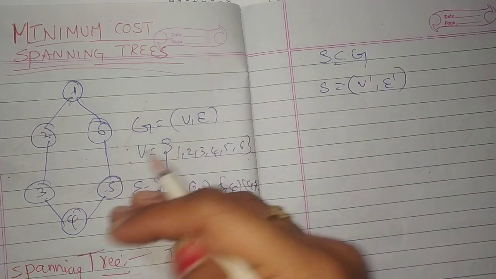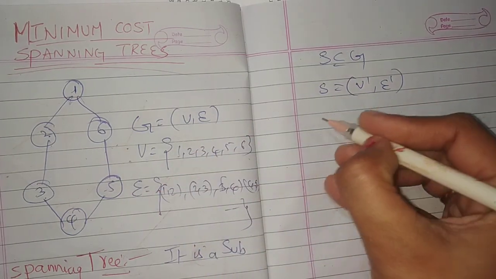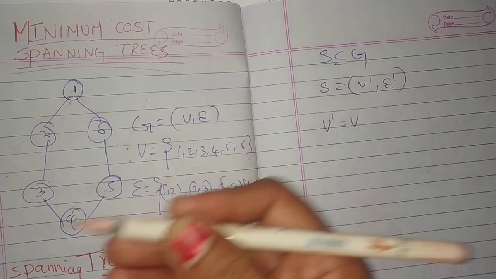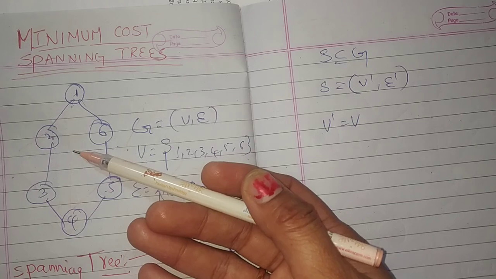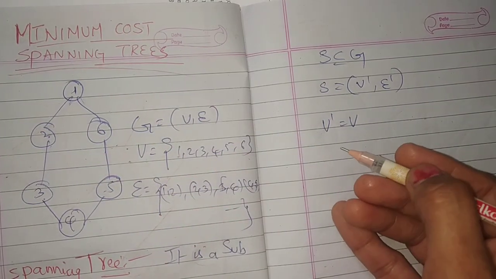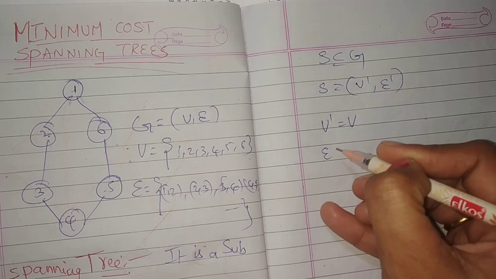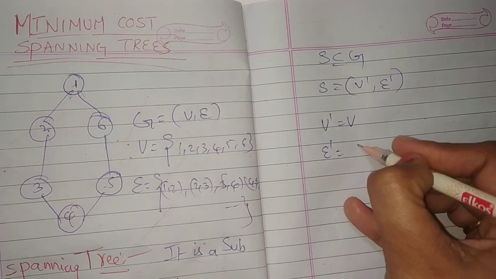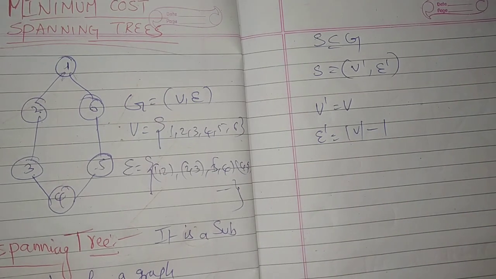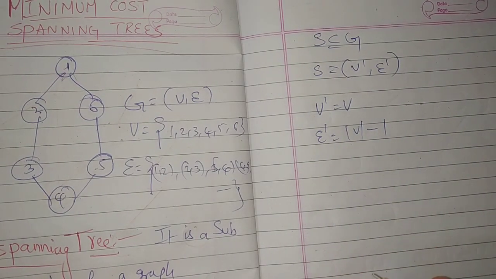What vertices will form the spanning tree? V dash is equal to V only. The graph has 6 vertices, and the subgraph also will have 6 vertices. And how many edges will form? The number of vertices minus 1.